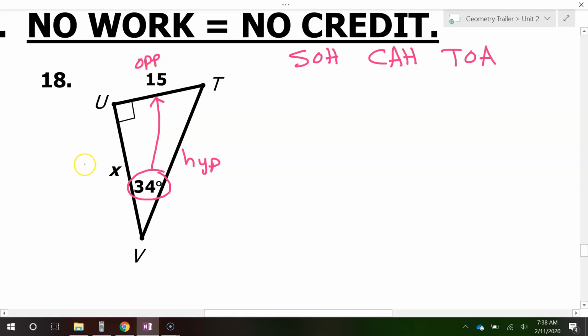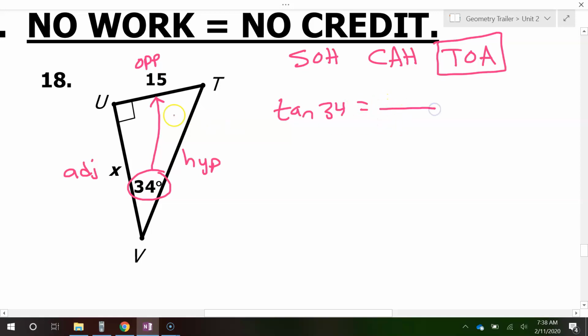That means this side over here must be adjacent. Now, which two sides are we actually dealing with? The x and the 15. That's opposite and adjacent. Which trig function involves opposite and adjacent? That's the tangent function.